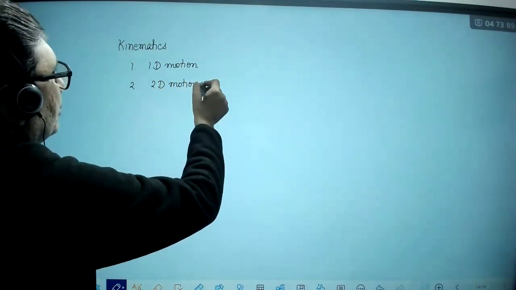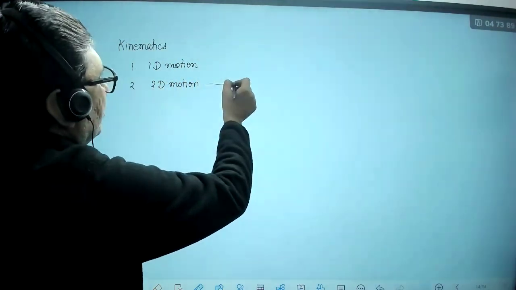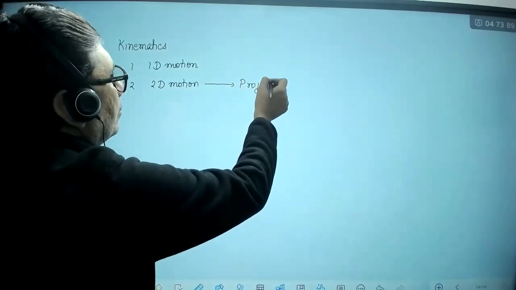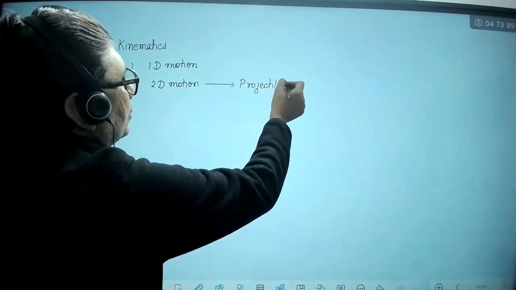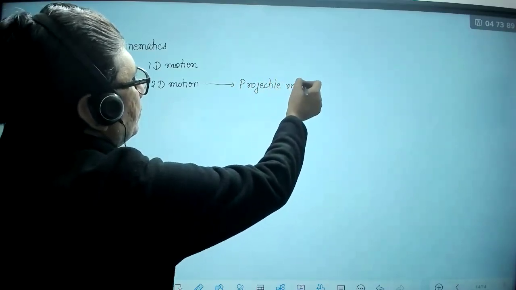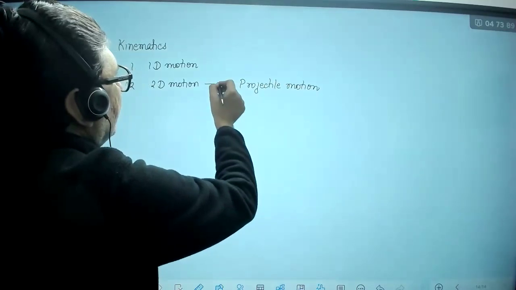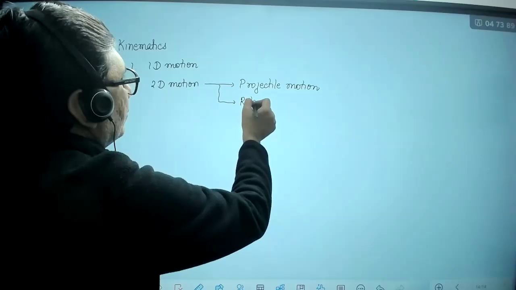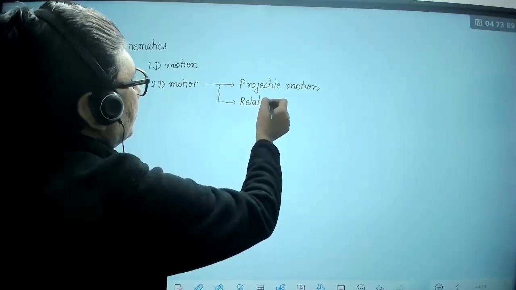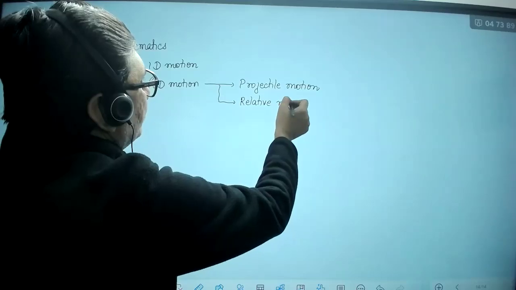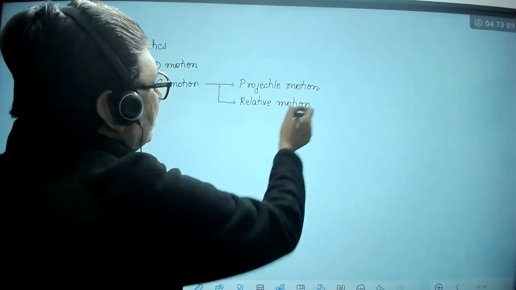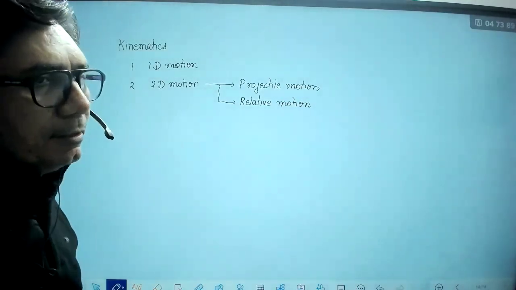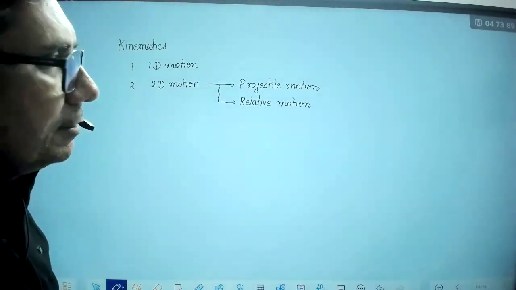Particularly in 2D motion, two topics are there: projectile motion, and then relative motion. Third is circular motion, but circular motion I have already covered. That topic I have already discussed.